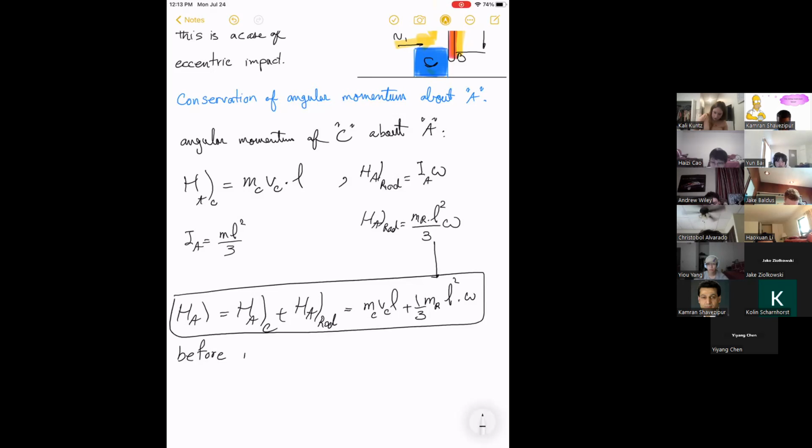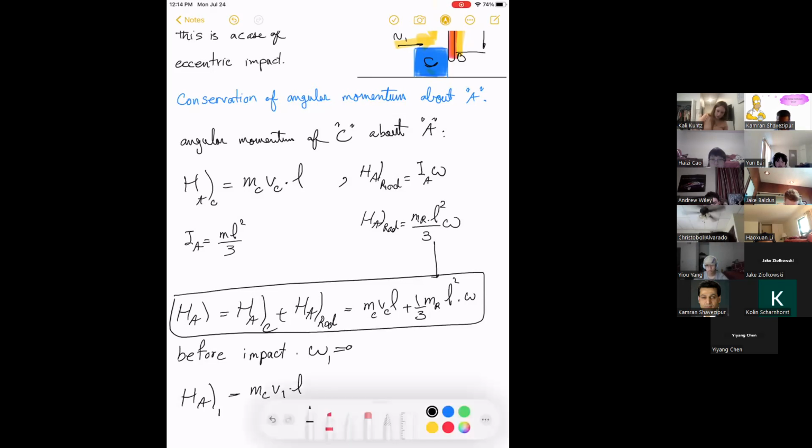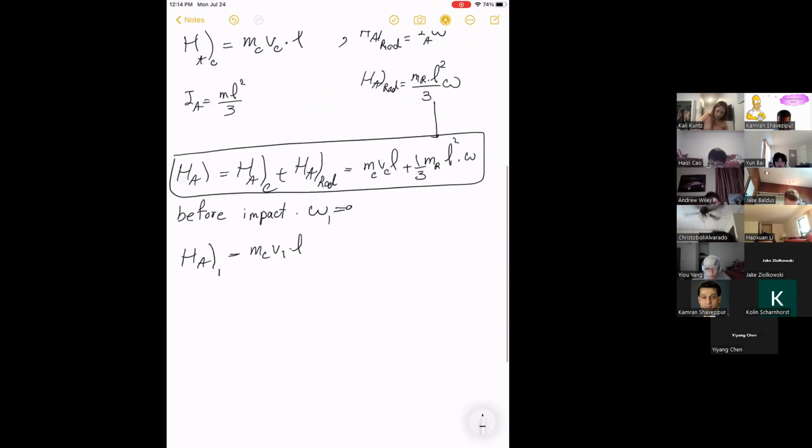Before impact, omega is 0. So H about A before impact, which is position 1, is going to be simply M_C V1 L. After impact, H about A is going to be M_C V2, another velocity, I don't know how much, times L, plus 1/3 M_R L squared omega 2.